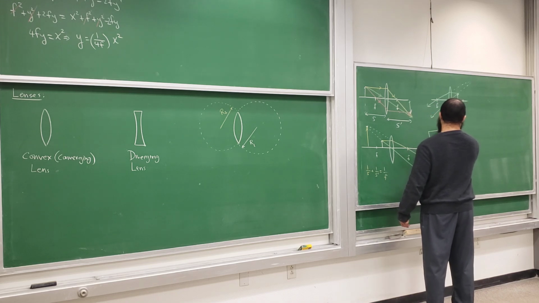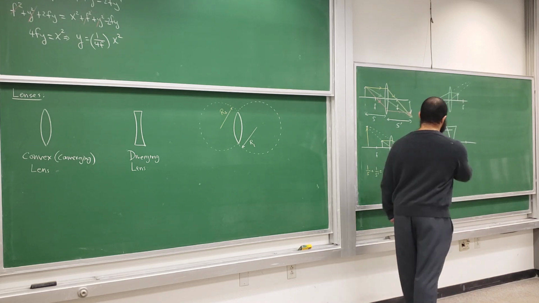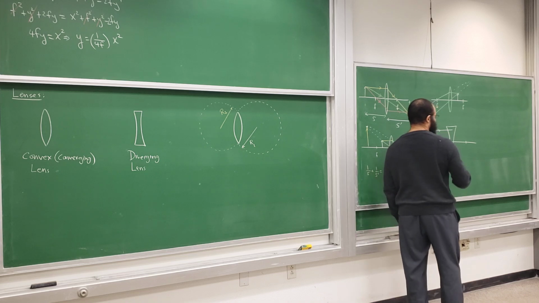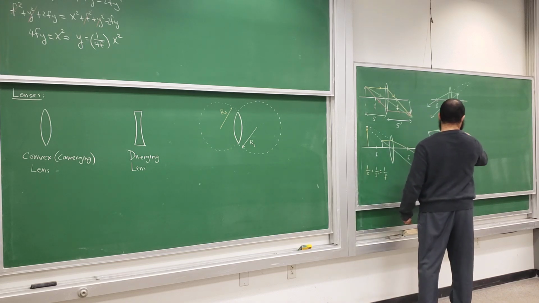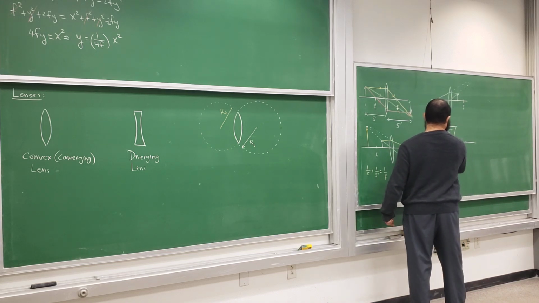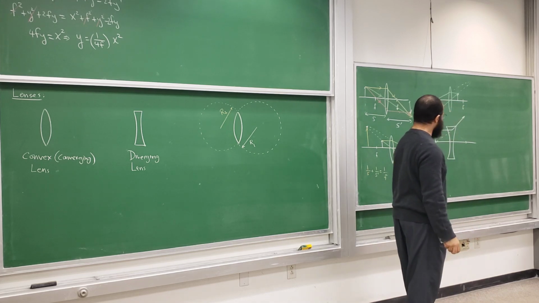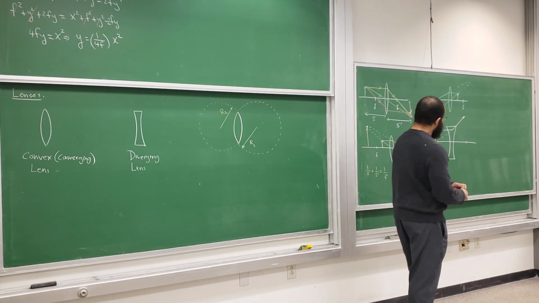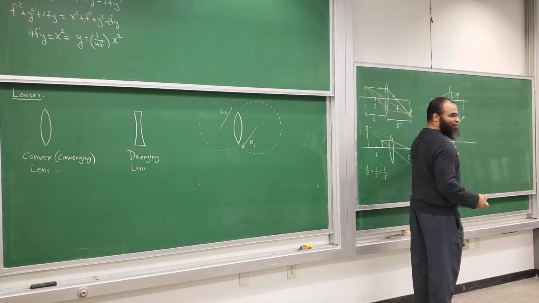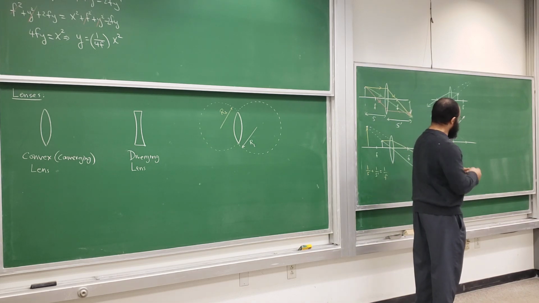A ray comes in. This is the object. If a ray comes in, it's not going to get focused. What happens is it gets diverged that way, because of the index of refraction in here.